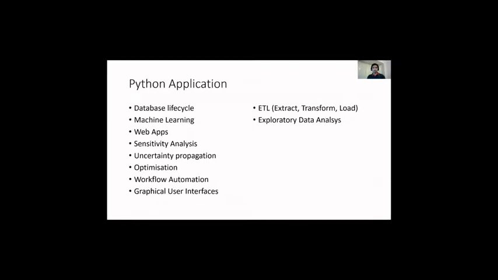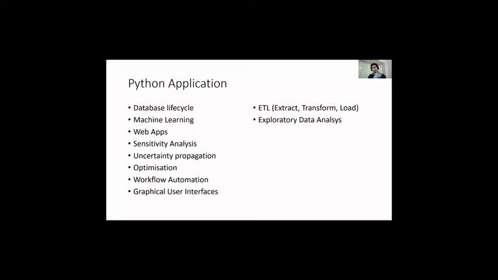So really powerful. Things like sensitivity analysis and uncertainty propagation. Again, you can create sample cases using experimental design techniques in Python, or even do sensitivity analysis with some of the regression techniques that I mentioned before in machine learning.